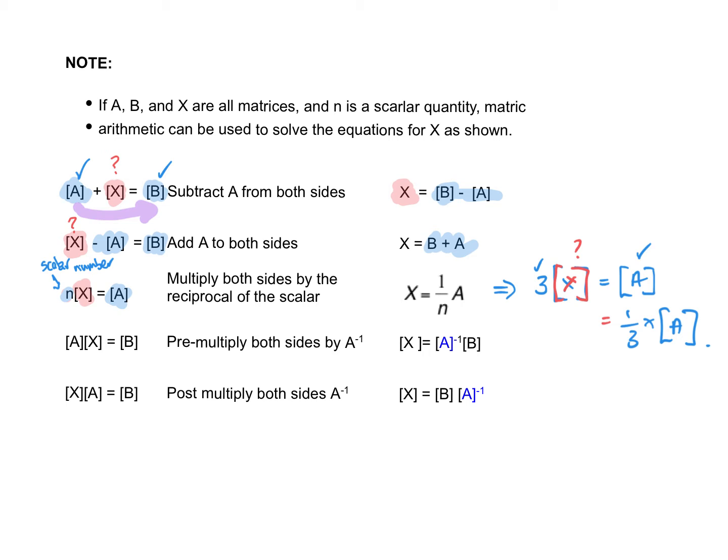That's what that means. Now down here, this is the scenario of simultaneous equations, yeah? So when we don't know this one, but we know the A and the B, this is how we solved it. Now this was the other scenario I was talking about. What happens if X is the one in front?